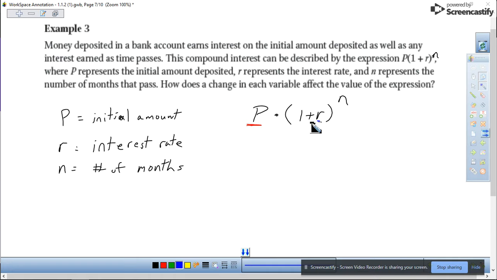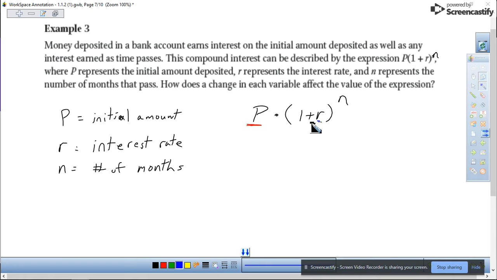If you increase the R value, then the base is going to be larger, and so whatever exponent you're taking that to is also going to be larger, and therefore the overall expression will increase. On the other hand, if we decrease the value of R, then the overall base is going to be smaller, and the same effect will apply. You're going to end up with an overall smaller expression.